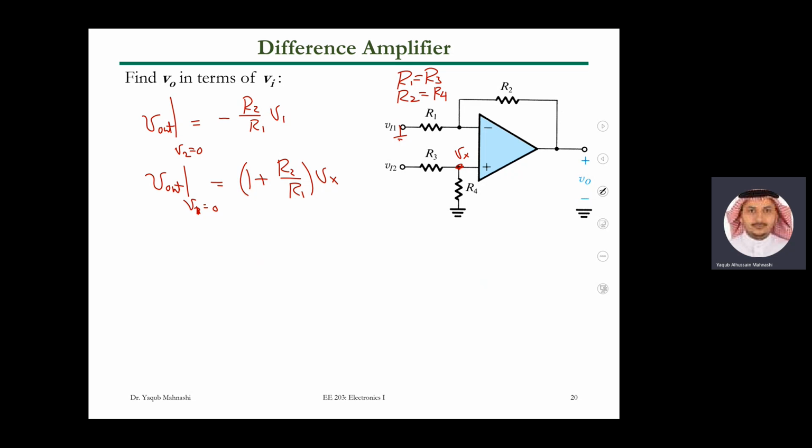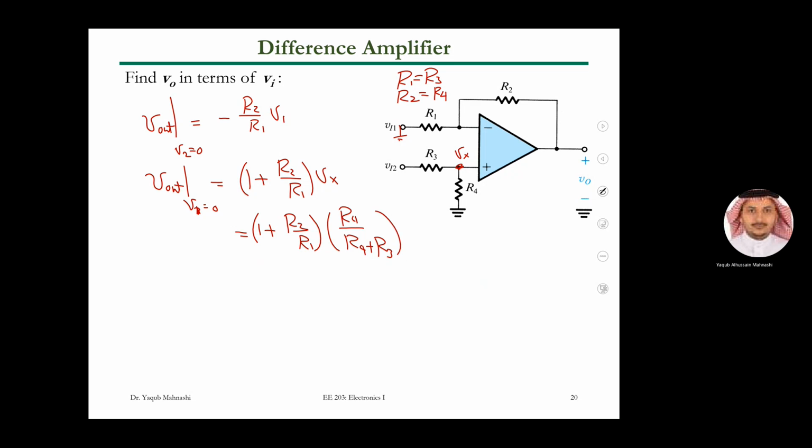What is Vx in terms of V2? Exactly. So this one will be 1 plus R2 over R1 multiplied by the voltage. Or let me have the multiplier first. That is how much? R4 over R4 plus R3. Right? Okay. Multiplied by what? V2.